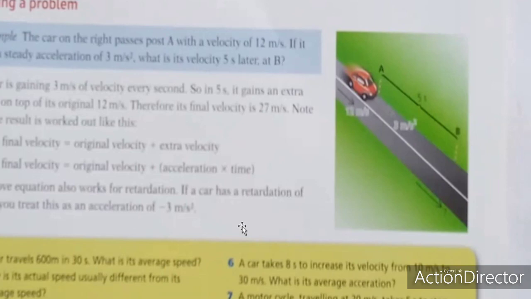If it gains an extra 15 meters per second over its original velocity, since it increases 3 every second for 5 seconds, that is 15. The original velocity was 12, so you will add 15 plus 12, and the velocity will be 27 meters per second at point B. So the final velocity can be calculated as the original velocity plus the extra velocity, or the original velocity plus acceleration multiplied by time.